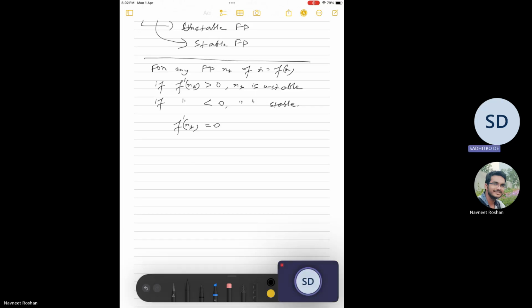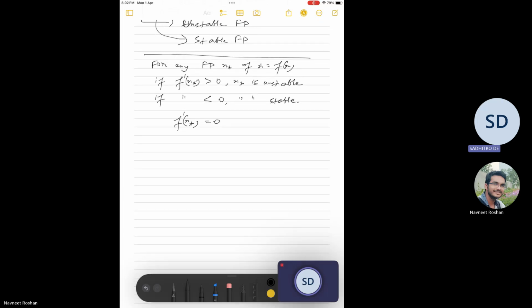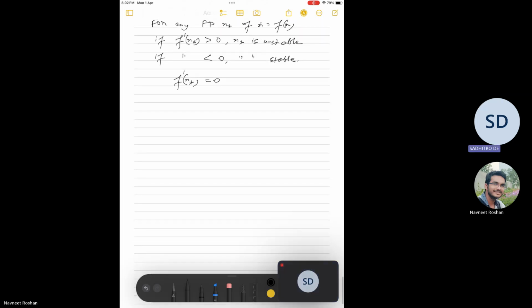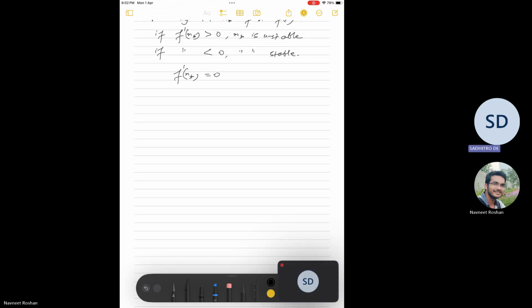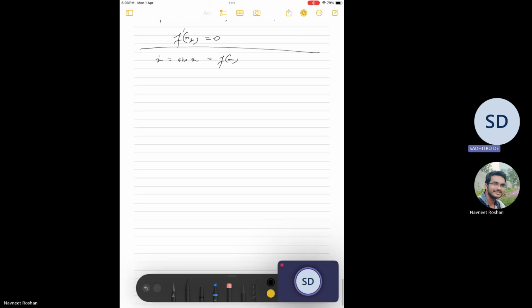So for example, the simplest case for which we had done the diagrammatic thing and all these things, we can show that, for example, you have x dot equal to sine of x. So here f of x is equal to sine of x. Then what are the stability of the fixed points?